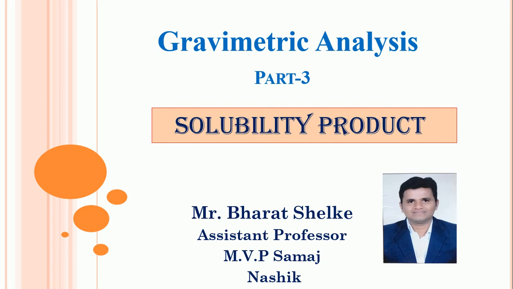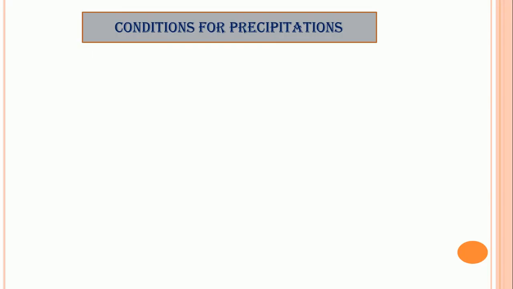So see the conditions for precipitation. Each substance when dissolved in a particular solvent has a solubility product as well as an ionic product, and when they have a particular relation, when one exceeds the other, then precipitation will occur.